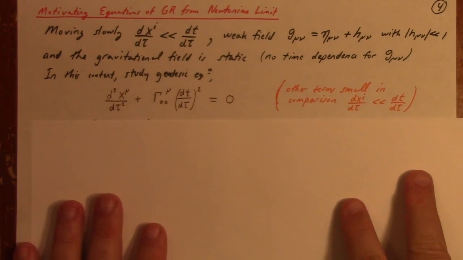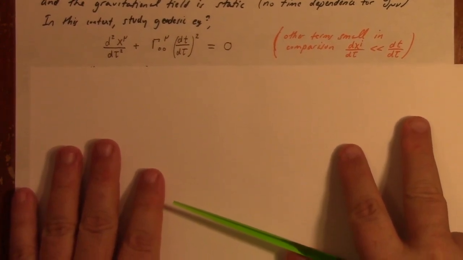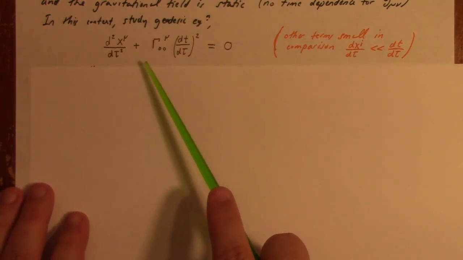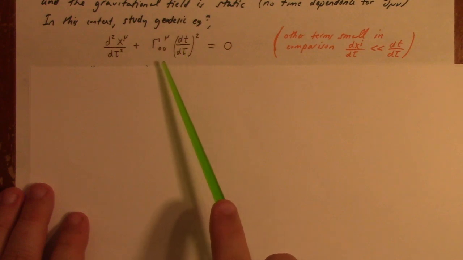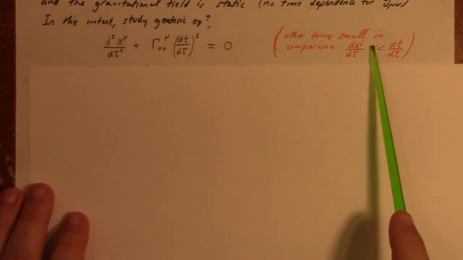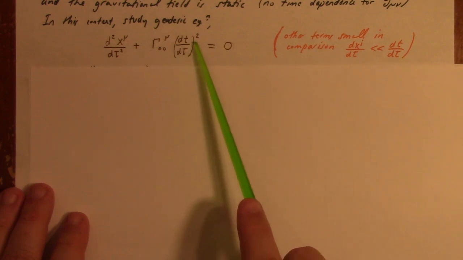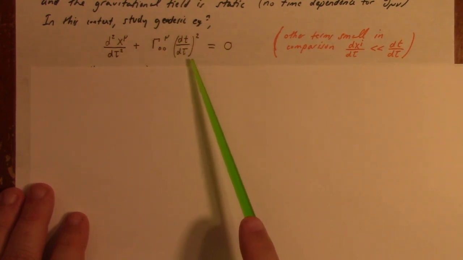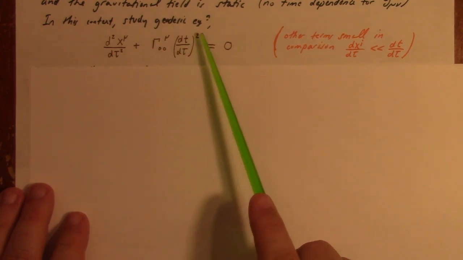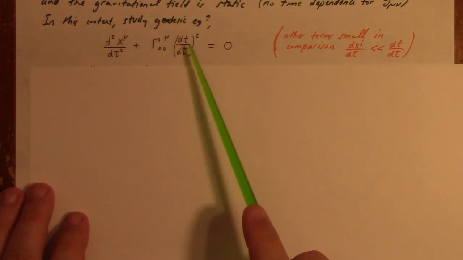So, all right. So this is the geodesic equation for such a path. And let's see here. I said other terms are small in comparison, right? So usually this thing is contracted. There's like i and j summed over terms. If you go back to this here, right?